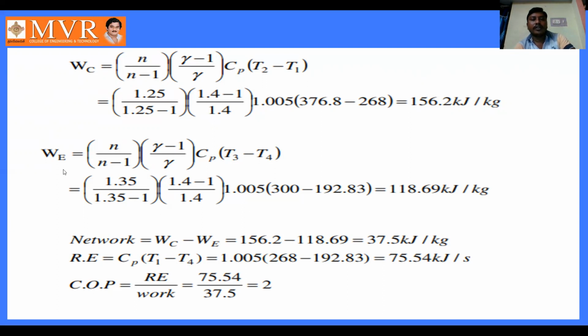And now we are calculating the work done of the expander. We know the general expression: n by n minus 1 into gamma minus 1 by gamma into Cp into T3 minus T4. Hence, we are substituting the known values here. For the expander, the gamma value should be taken as 1.35, so n is equal to 1.35, that is n minus 1 means 1.35 minus 1. The constant gamma is 1.4, and Cp is the constant value 1.005.